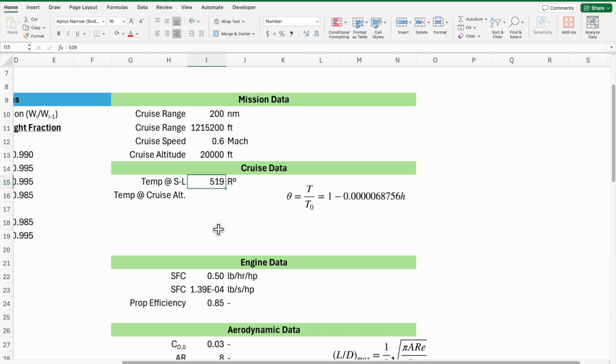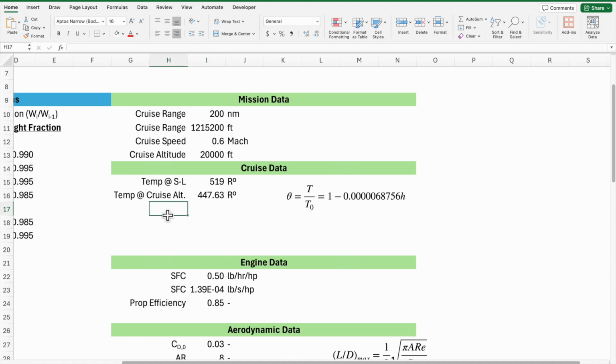So I would get the reference temperature times this quantity here, 1 minus 0.50, and then 68756 times our altitude in feet, 20,000, close bracket. So our outside air temperature at cruise is 447.63, and that is in the same units of Rankine.